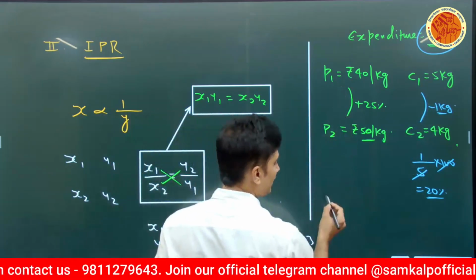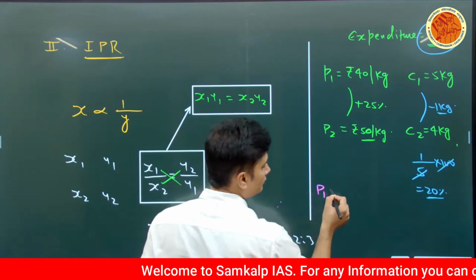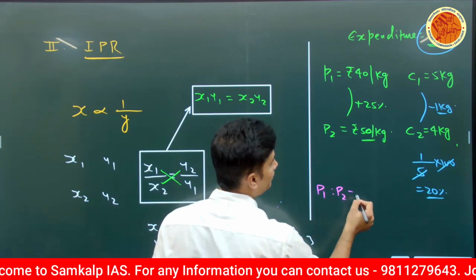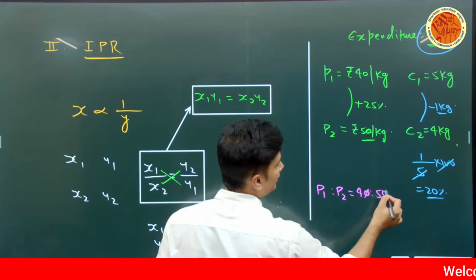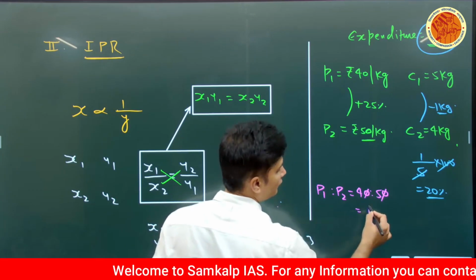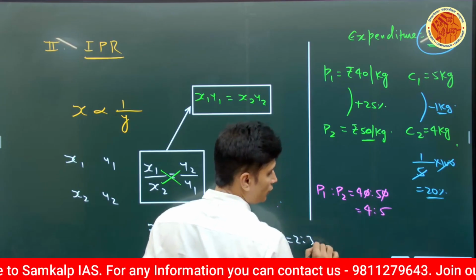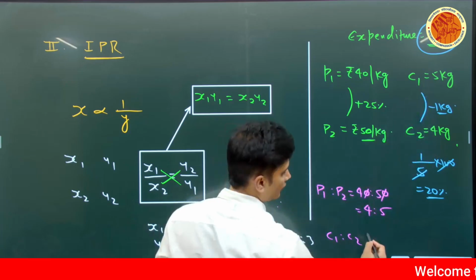If I write P1 and P2, the ratio of P1 and P2 here is 40 and 50, so the ratio is 4:5. The price has ratio 4:5, then consumption is 5:4.